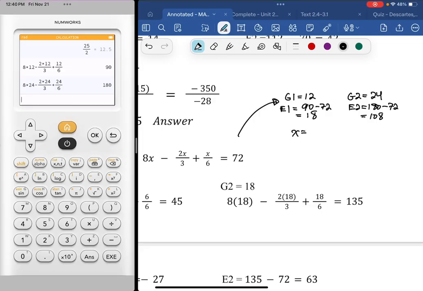So X is going to be equal to 18 times 24 minus 108 times 12 over 18 minus 108.